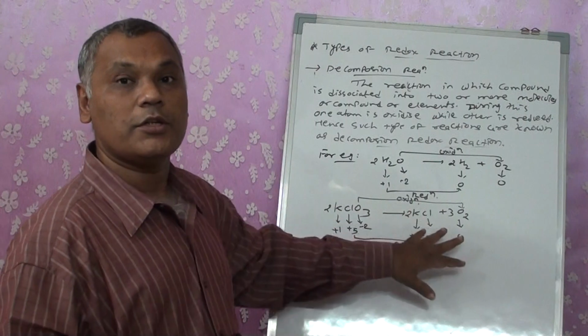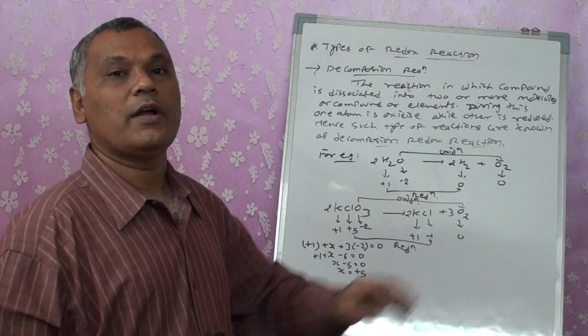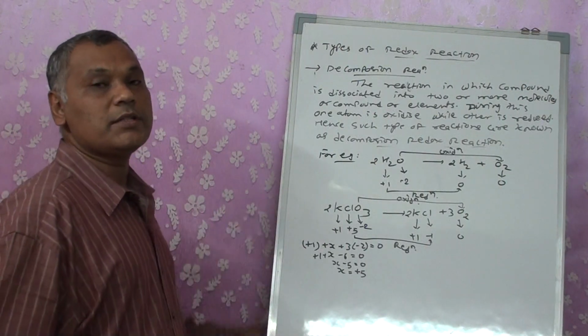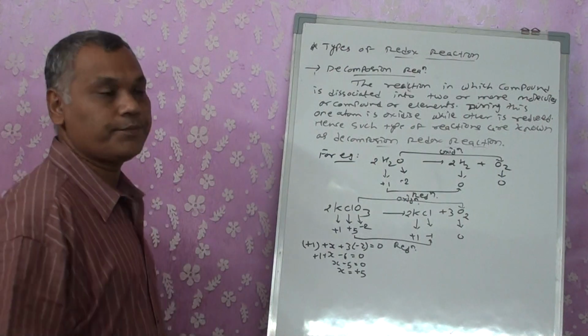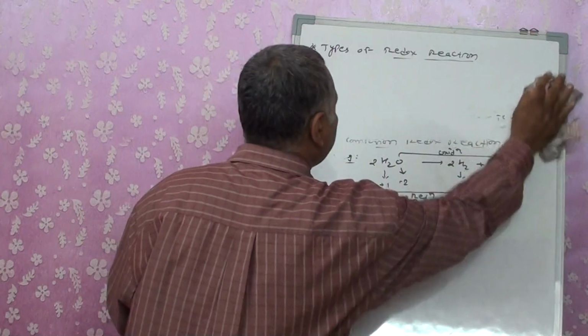It may be dissociated in the form of compounds as well as molecules, but from a single compound one will oxidize and one will reduce. So it is known as decomposition redox reaction. Okay, third one.